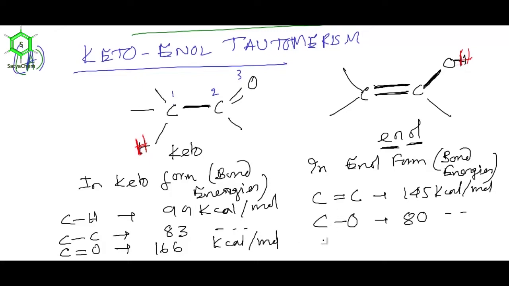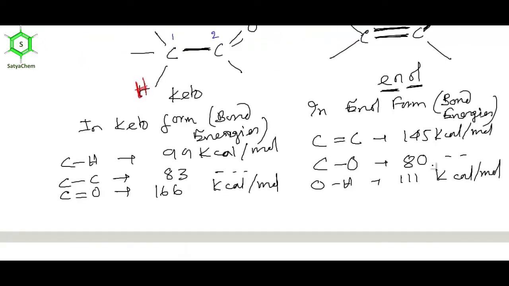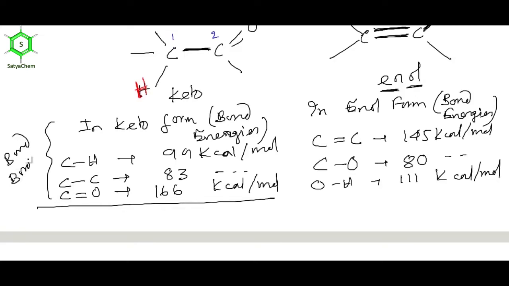So bond energy of OH is 111 kilocalorie per mole. So these are the bonds broken and bonds formed.